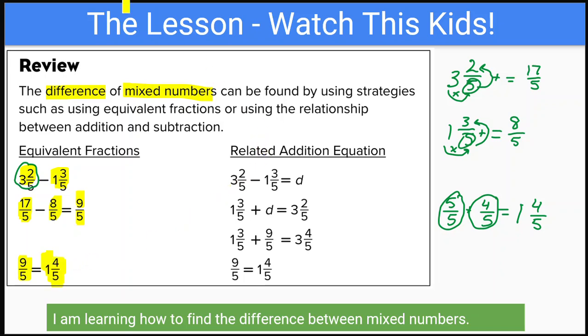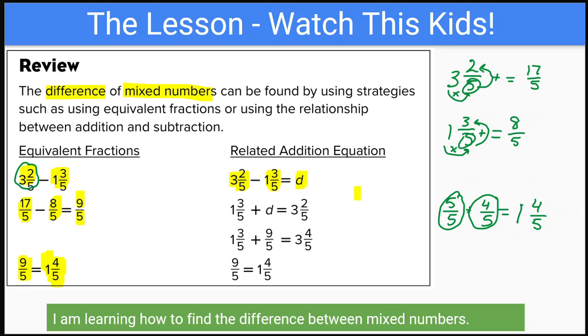Now over here, what they want you to know is that the opposite of addition is subtraction, and the opposite of subtraction is addition. So the problem started off like this. It said 3 2/5 take away 1 3/5 equals some number, the difference.